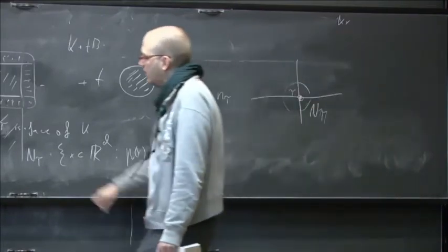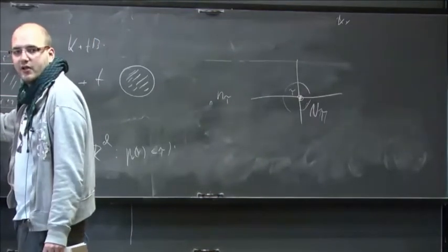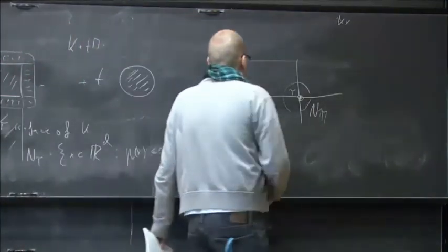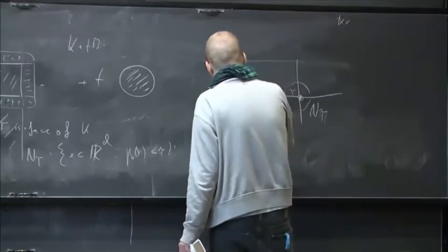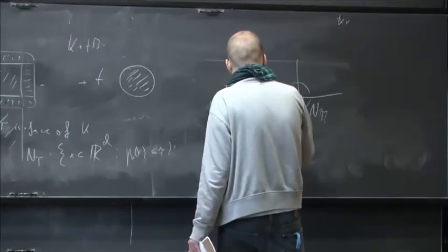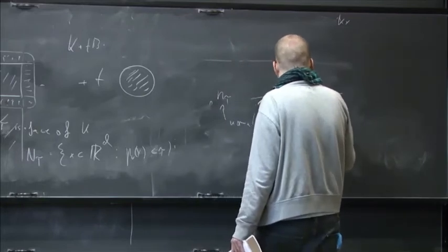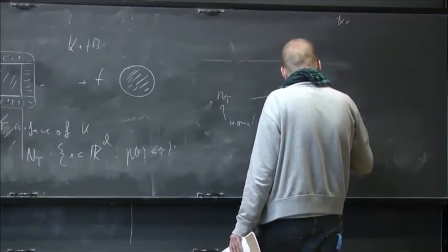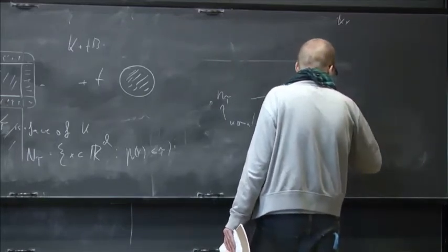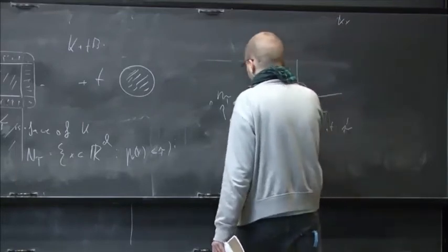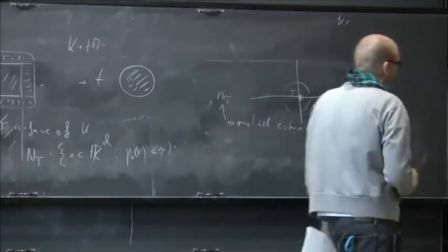So this is how I define little n of tau, the normalized exterior angle at tau.